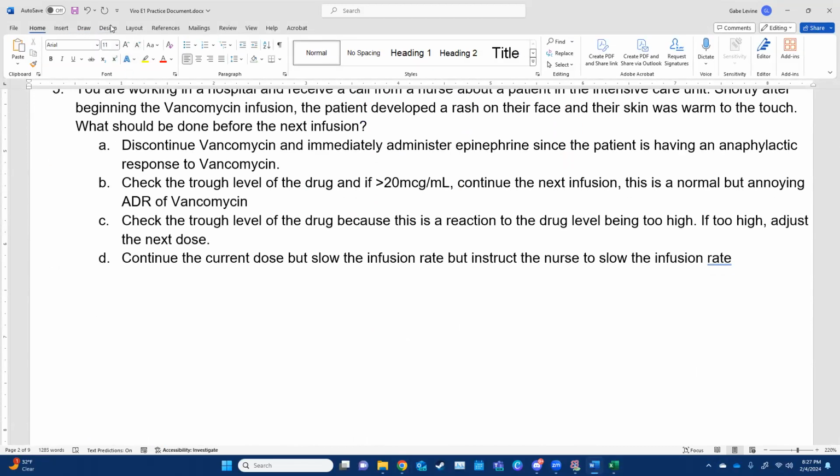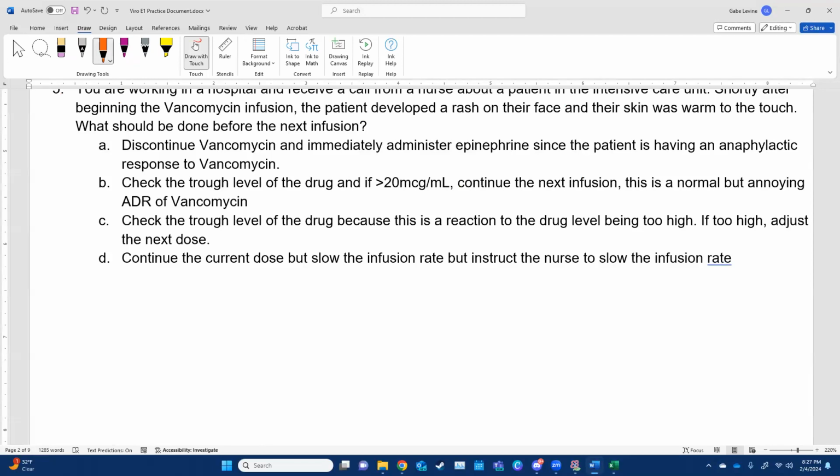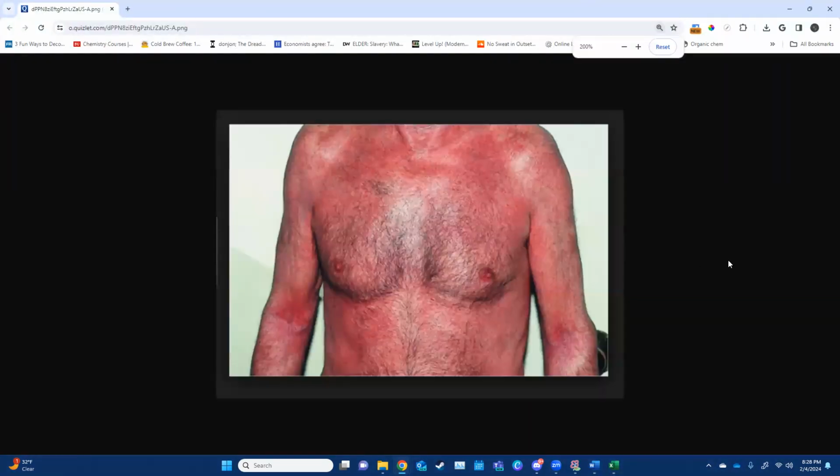A lot of times what ends up happening when we talk about the red man syndrome is it's all dependent on the time that the medication was administered for. So if you look at pictures of red man syndrome, especially for someone who may not know any better, you look at a picture and you go, "Holy shit, look at that rash!"